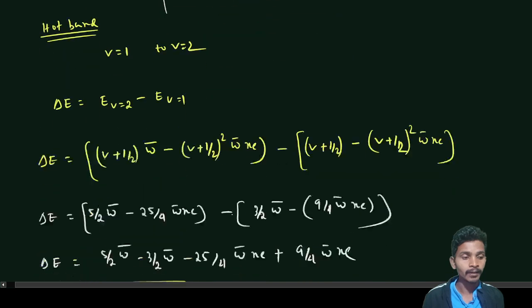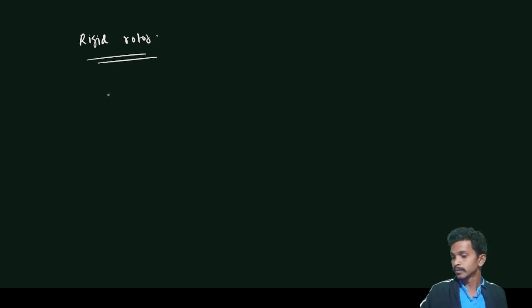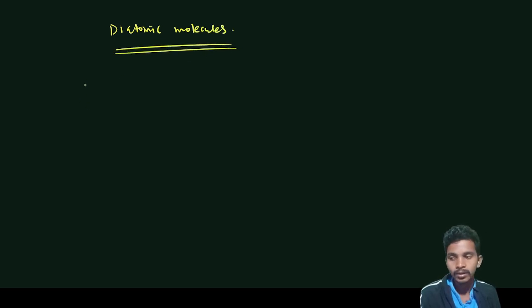So these are all about anharmonic oscillations. Now, whenever you talk about diatomic molecules, or any rigid rotor, diatomic molecules are linear molecules, so here both rotational and vibrational motion will come.